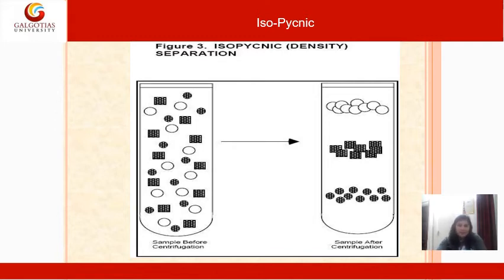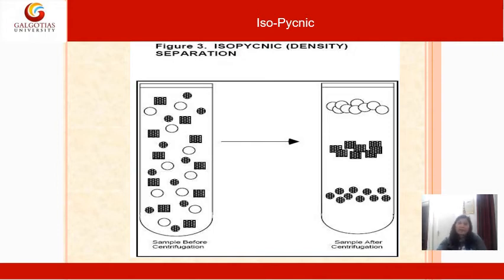See, in this test tube we have a solution of a particular density, but the density of the solution is the same throughout the medium from top to bottom. We have different components in a mixture that have different density. Some components may have density less than the medium, some may have density equal to the medium, and some have density more than the medium. Then what will happen when we run the centrifugation?